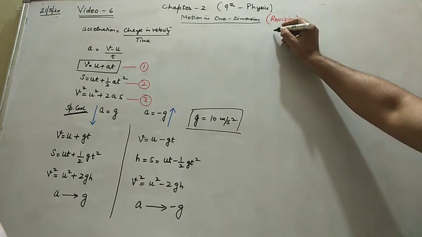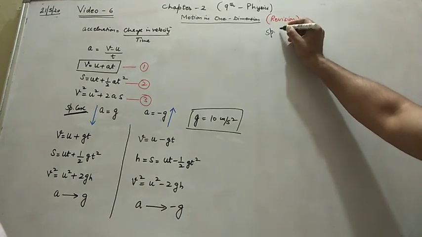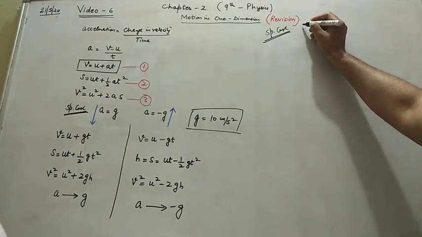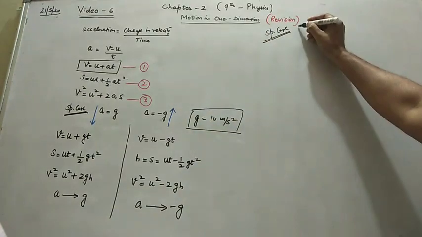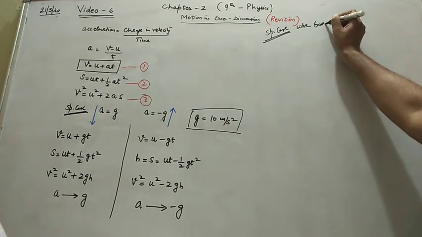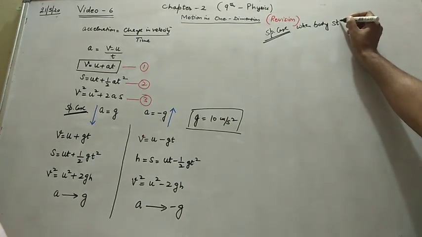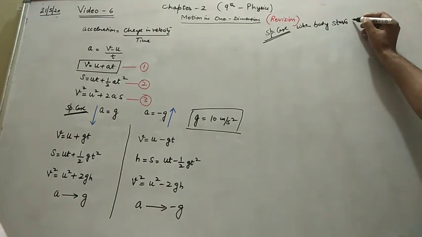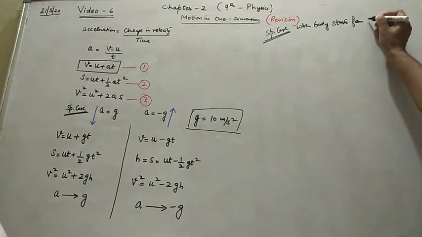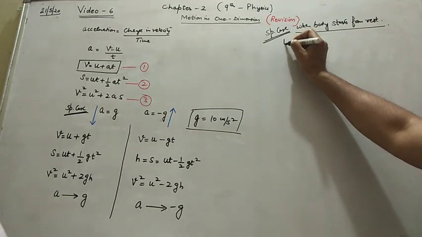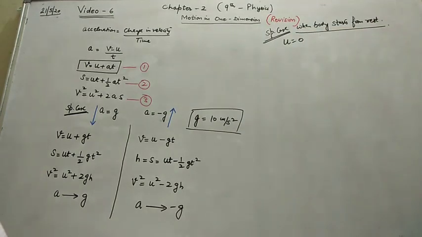And now a special case for the three equations of motion when the body falls freely under the effect of gravity. When the body starts from rest, u will be equal to 0.